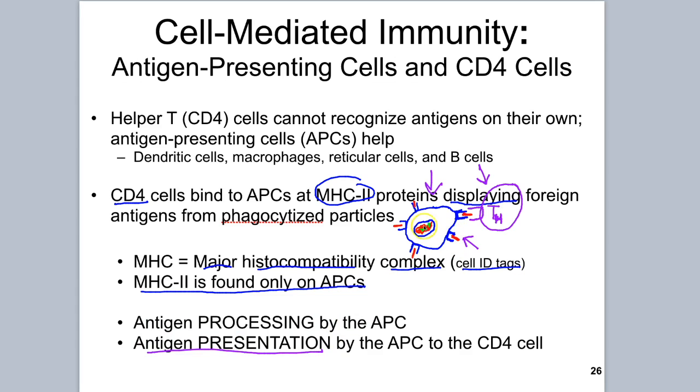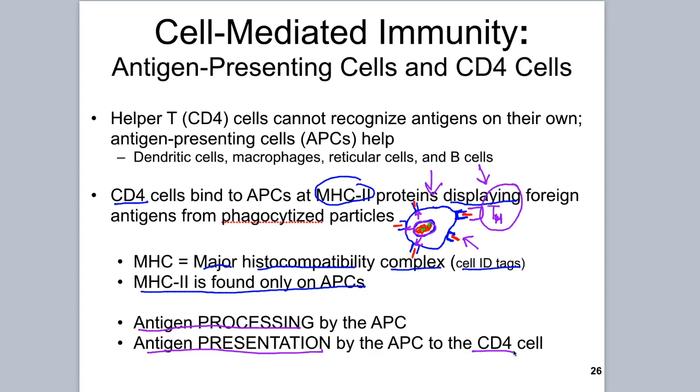And the first part, where the macrophage broke down the bacterium or the virus or part of the virus, whatever we have here in this vesicle, and then put those little molecular pieces into MHC2, this is called antigen processing. So the macrophage is processing the foreign antigen, and then presenting it to the helper T cell, or the CD4 cell.